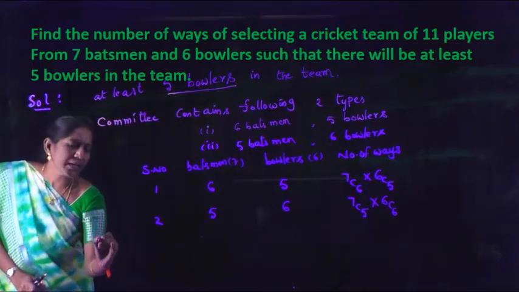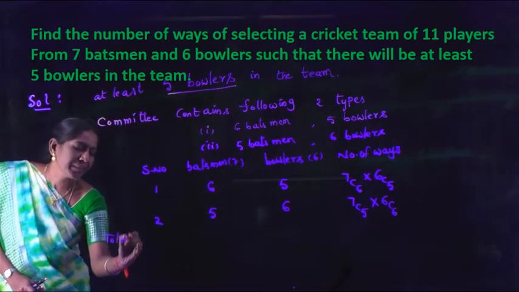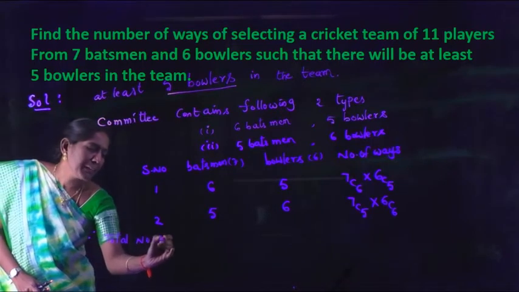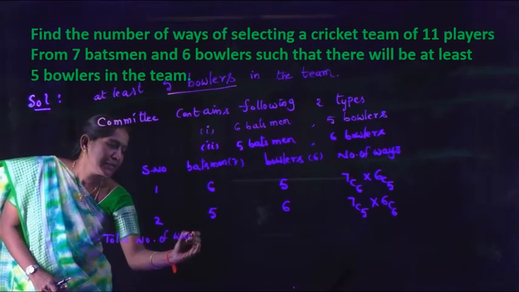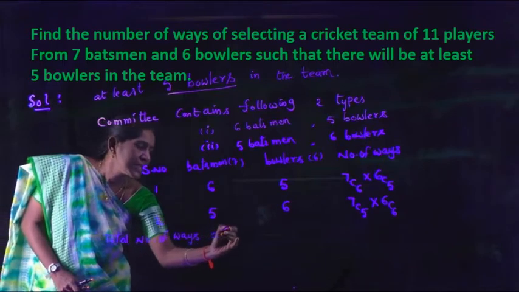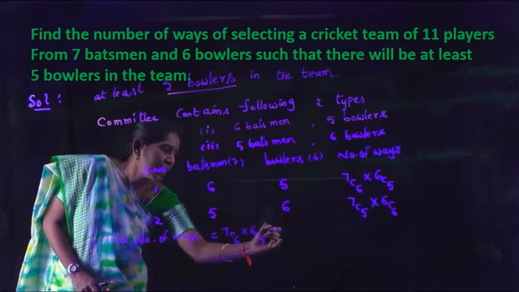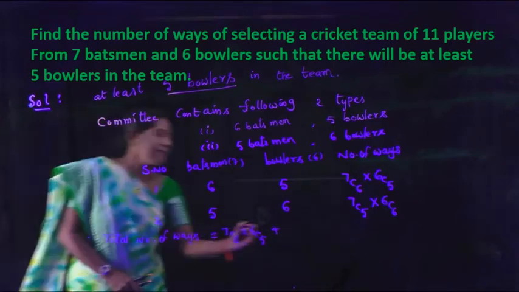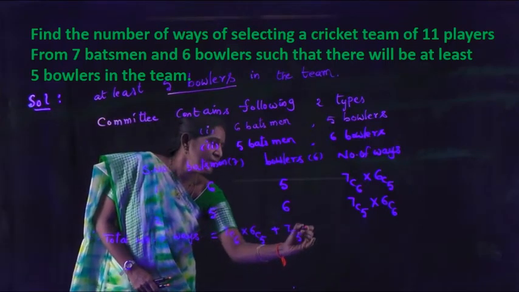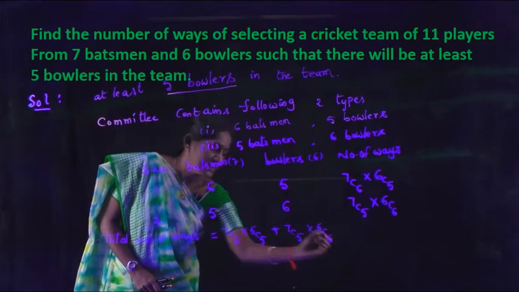Therefore, total number of ways, that is 7C6 into 6C5 plus 7C5 into 6C6.